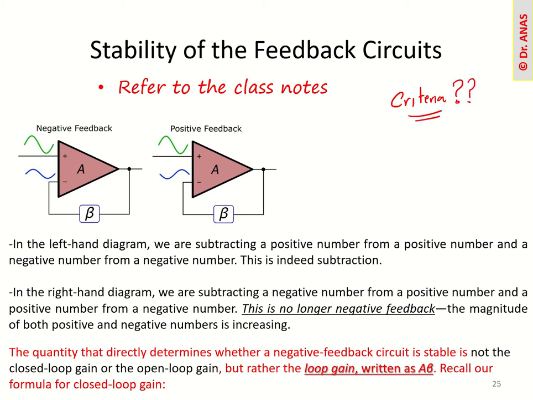So let's have a look at the negative and positive feedback systems. In a negative feedback system, you are subtracting two in-phase signals: we get the error signal by subtracting the feedback from the input signal. In positive feedback, we are adding the input with the feedback.